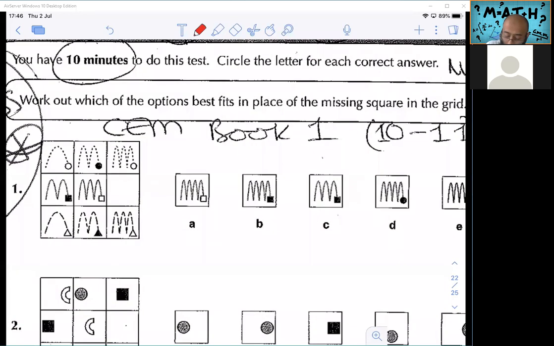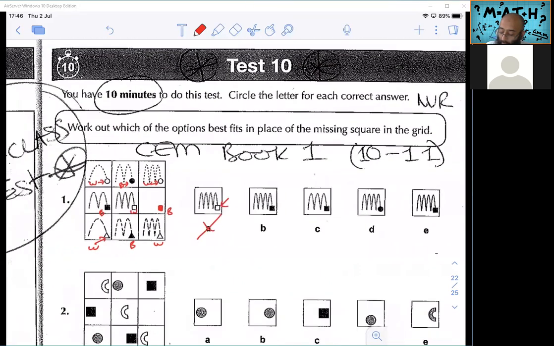We have a white circle, then black, then white. Here we have white, black, and a white, black, white. So for question number 1, we're expecting a little black square here. So this is definitely wrong because it's got white.